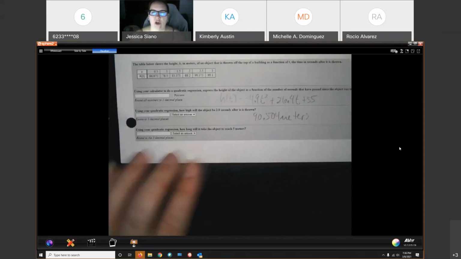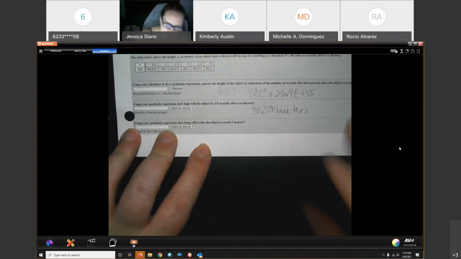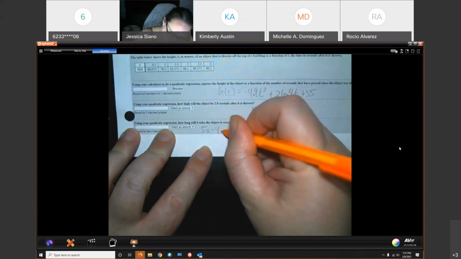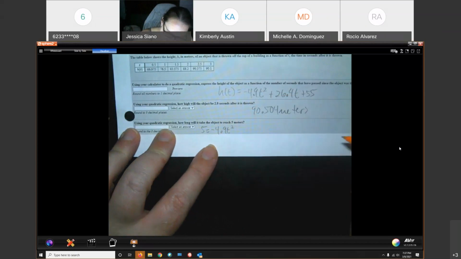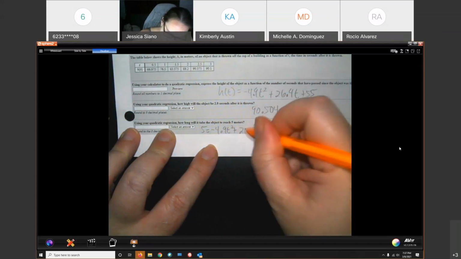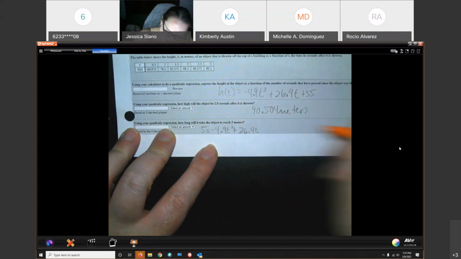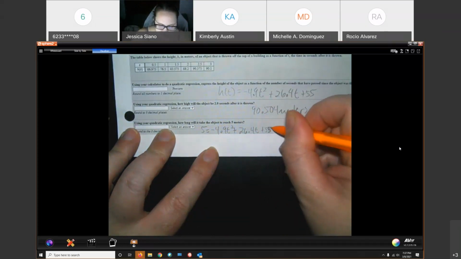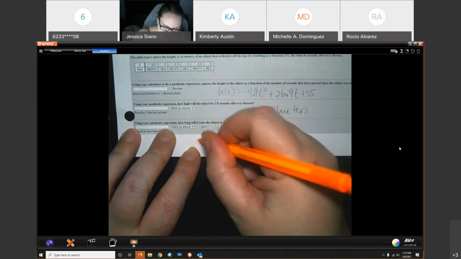And then how long will it take to reach 5 meters? So 5 meters is a height. So you would have to say 5 equals negative 4.9 t squared plus 26.4 t plus 55. So I'm going to need the quadratic formula here, but before I can do that, I have to move this 5 over.